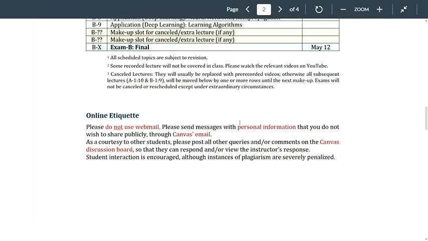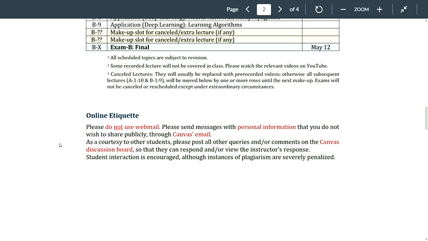One of the things that you should note here is don't use webmail. I don't check webmail so frequently. The best place to ask a question is to put it on the Canvas discussion.